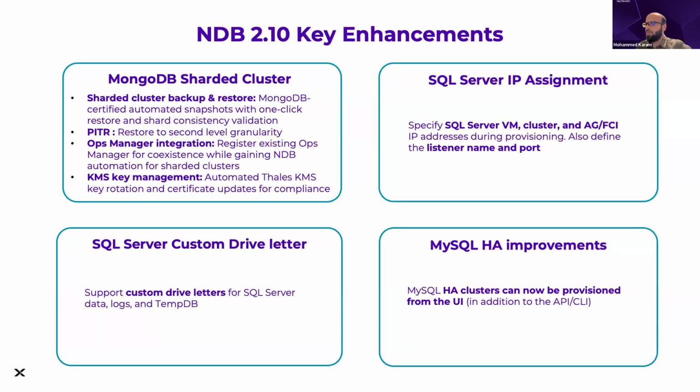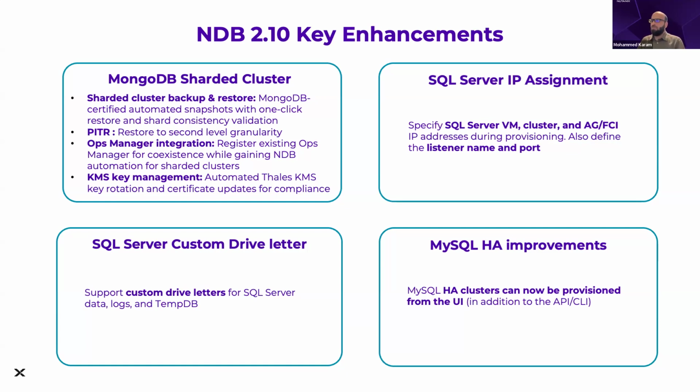Also, staying within SQL Server, as I said, you can specify custom drive letters for your data, for your logs, as well as for TempDB, where customer topologies require that for compliance or scalability requirements.